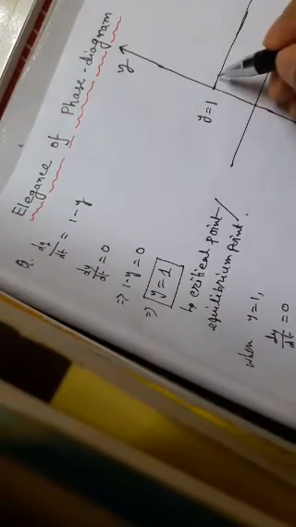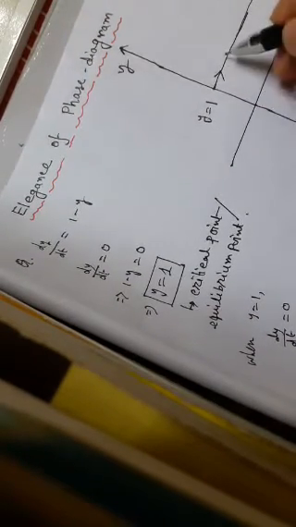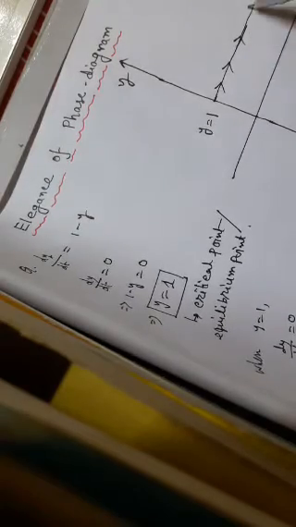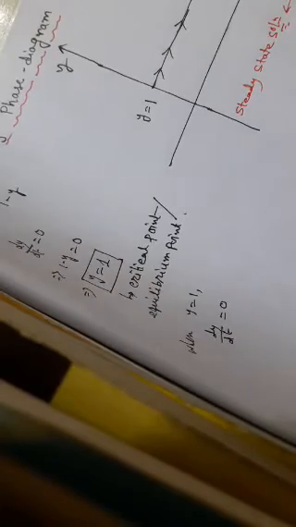So the direction of the slope will be like this, and this line is called the steady state solution of the differential equation dy/dt is equal to 1 minus y.